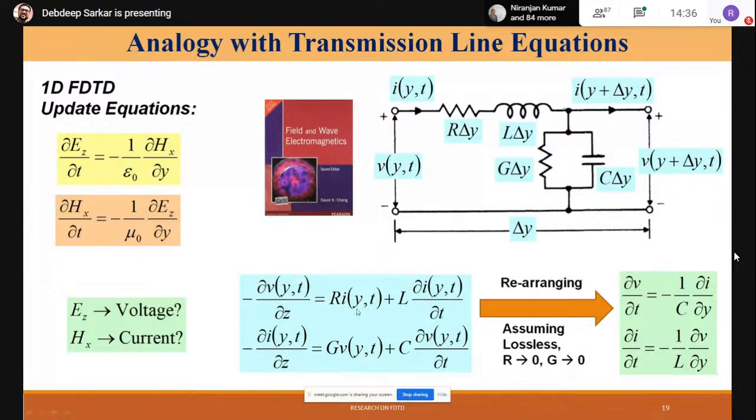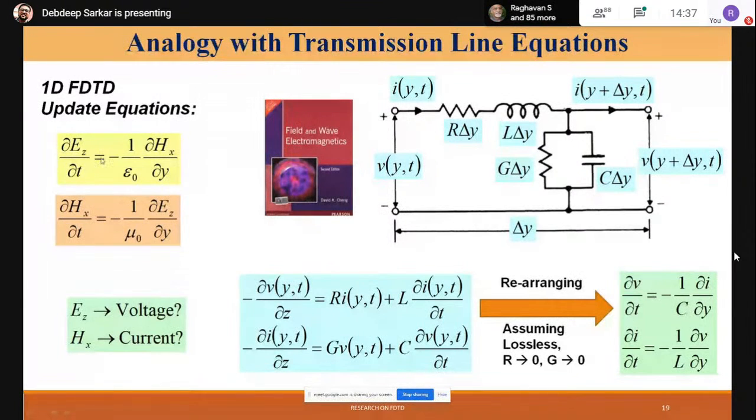I have tried to write these equations in the form of a y-propagating wave. If you rearrange and assume lossless, just like our other situation, that there is no loss, we make R0 and G0, and we can write these simple coupled equations there as well.